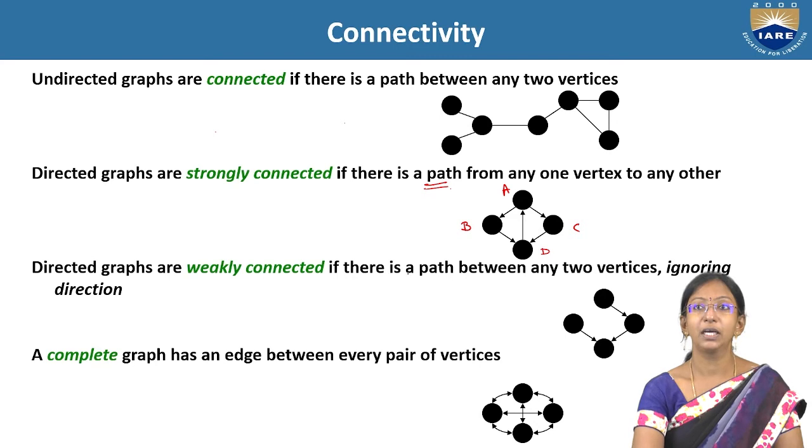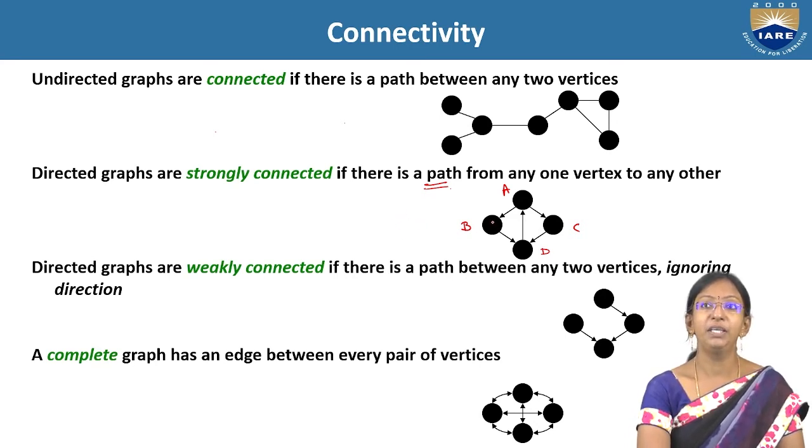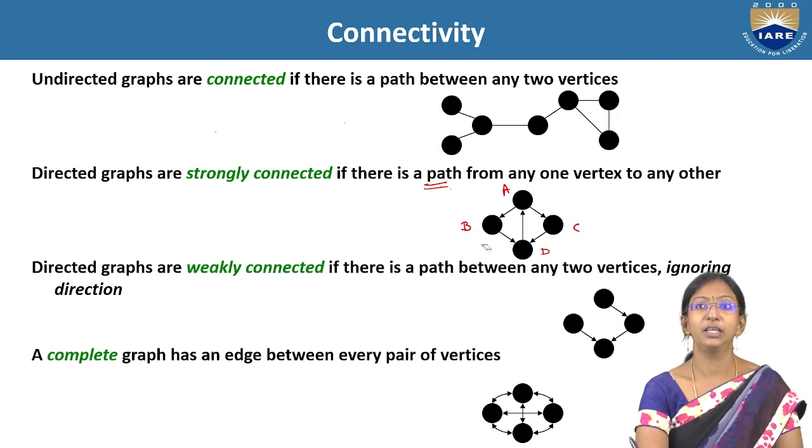One job is done. Coming to B, is there a path between B and A? Yes, via D you can reach A. Coming to C, can you reach C from A? Yes.